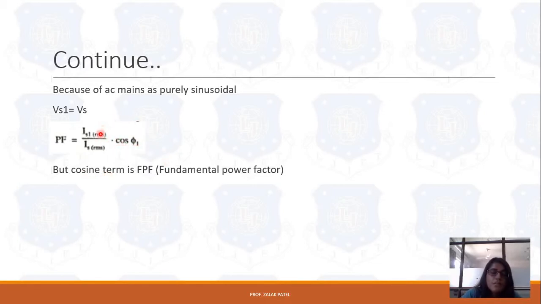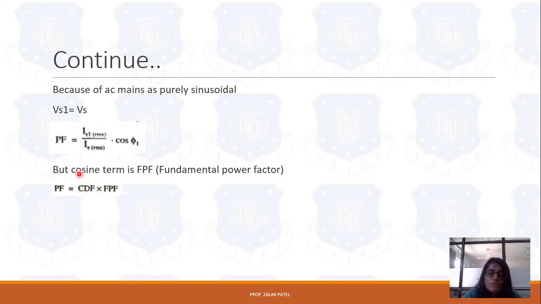If you remember the previous slides, cos phi is denoted as FPF, and the CDF equation is again the RMS value of the fundamental component divided by the supply current value. So this IS1 upon IS RMS is nothing but CDF, and this cos phi is nothing but the fundamental power factor. So that means PF is nothing but the multiplication of CDF and FPF. It can be written like this: CDF into FPF.